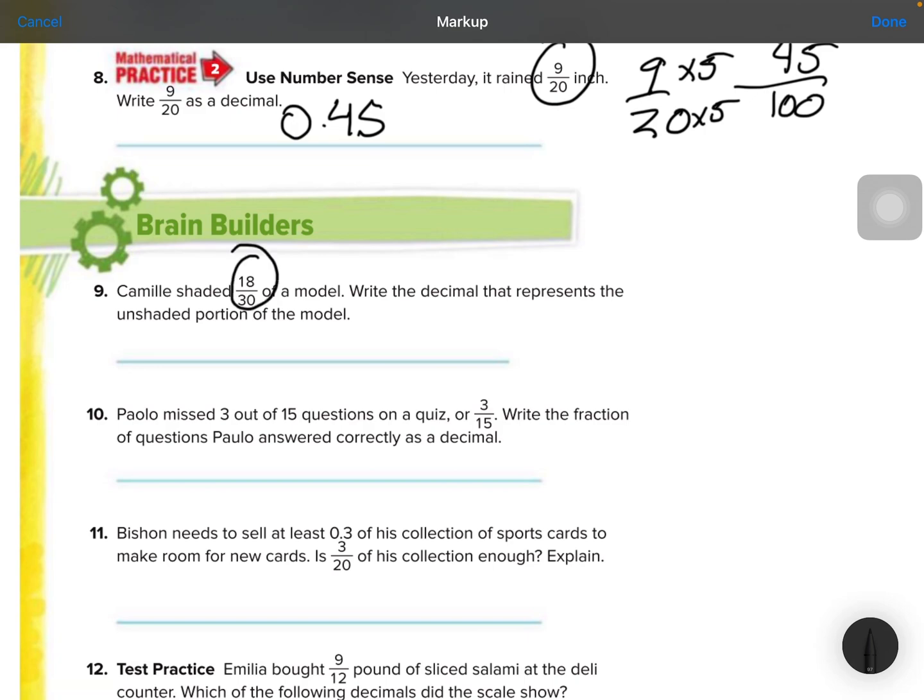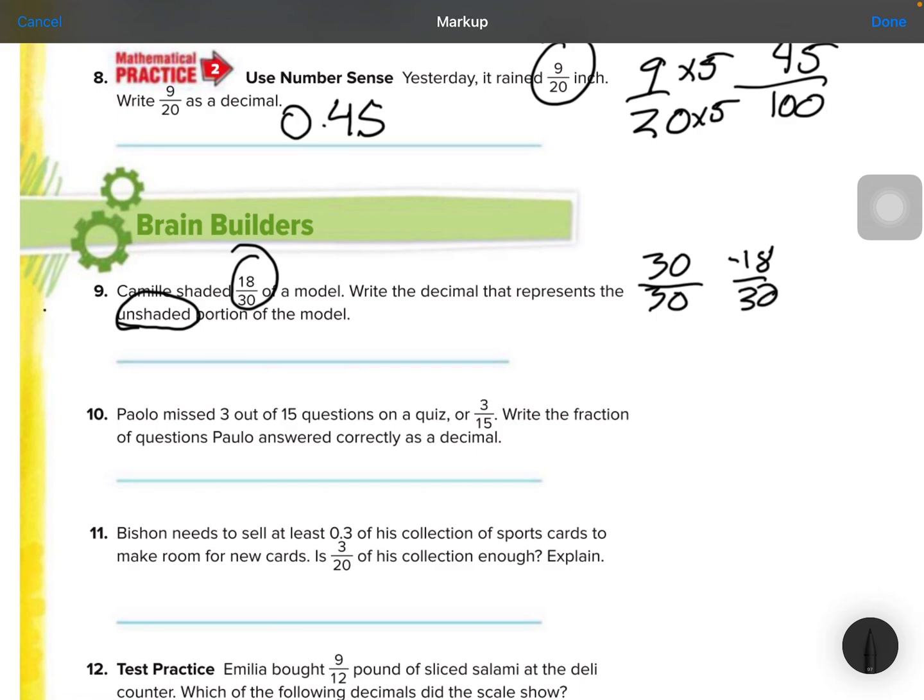Number 9. Camilla shaded 18/30 of a model. Write the decimal that represents the unshaded portion of the model. Okay, so the unshaded portion. 30/30 would be the whole thing shaded.